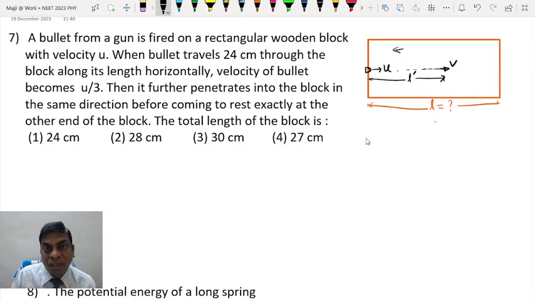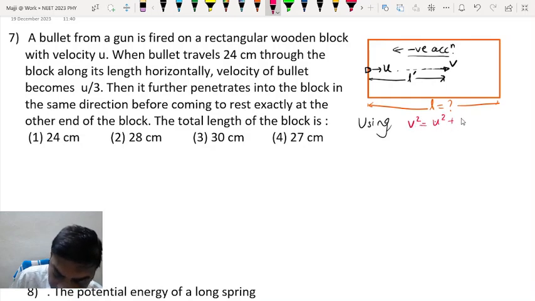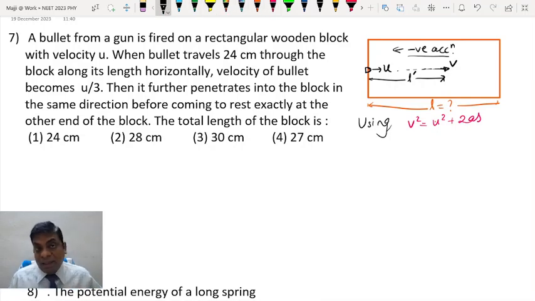Assuming uniform retardation, that is, uniform negative acceleration, which is the underlying assumption in this question, we can use the formula v square equal to u square plus 2as. Since acceleration is assumed to be constant, we are entitled to use the equations of motion.